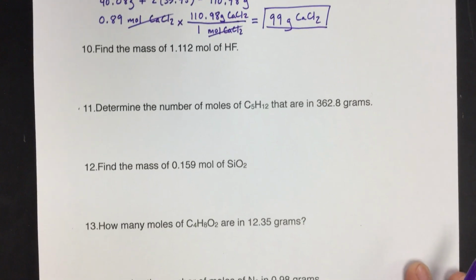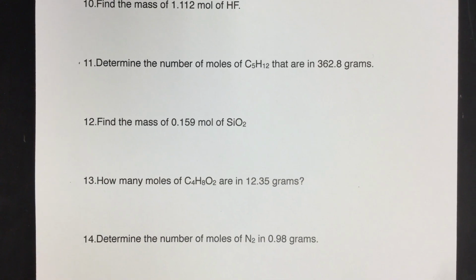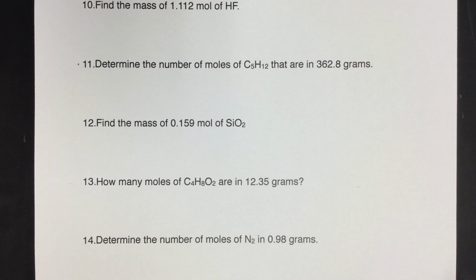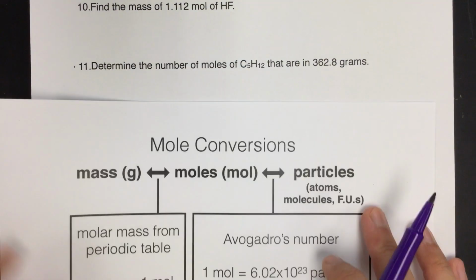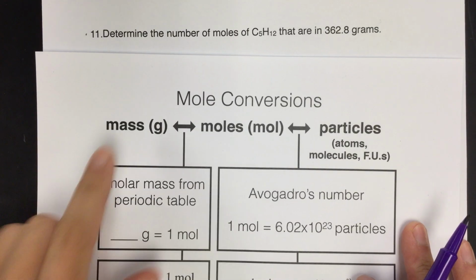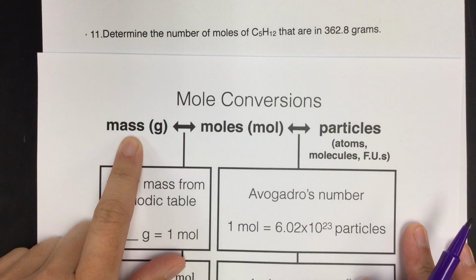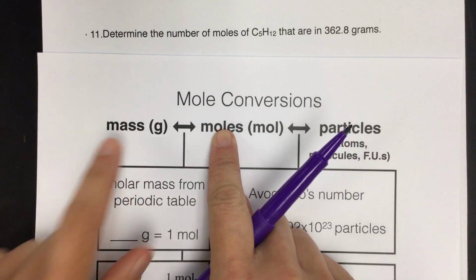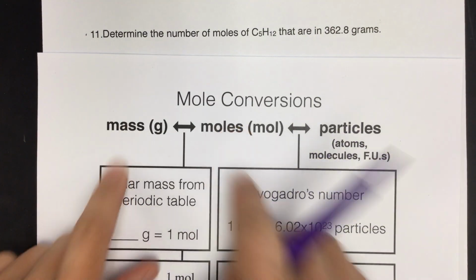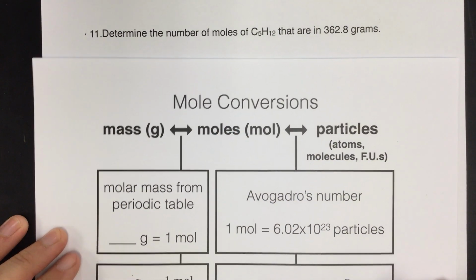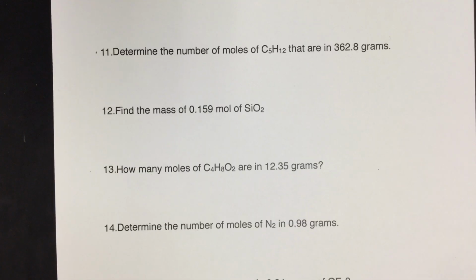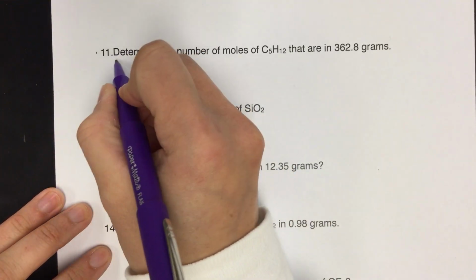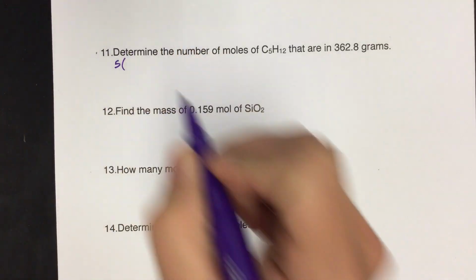Next one we'll do is number 11, determine the number of moles of C5H12 that are in 362.8 grams. So we are starting this time with grams, so we have a mass, and we need to figure out the number of moles. So we're going the other way, we're going here to here. But again, we're going to need the molar mass. So why don't we go ahead and calculate that. We have 5 carbons.